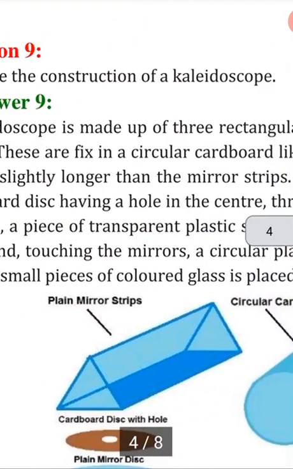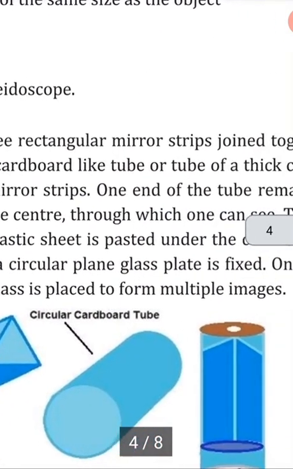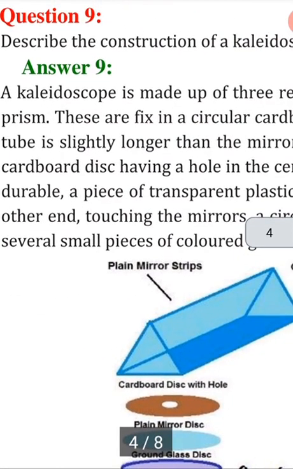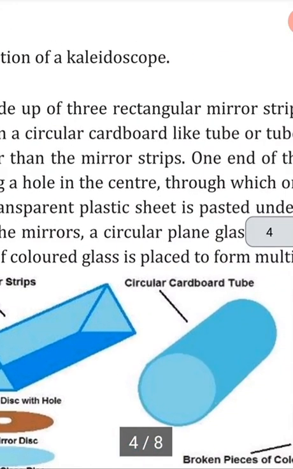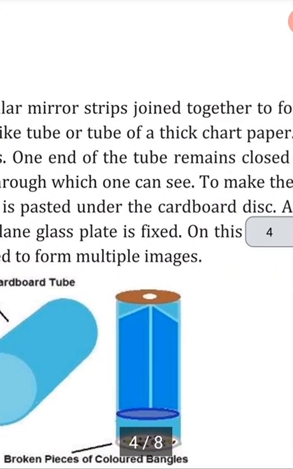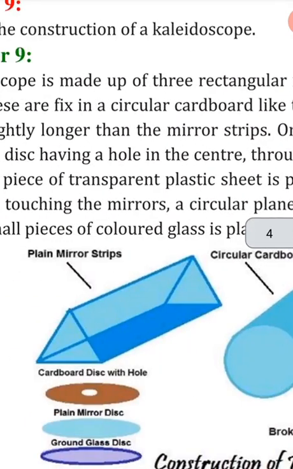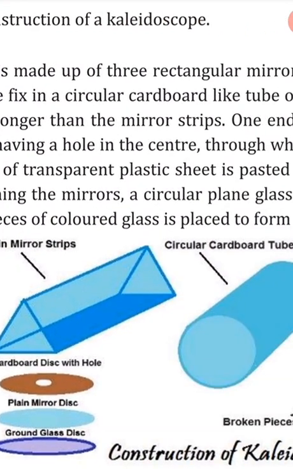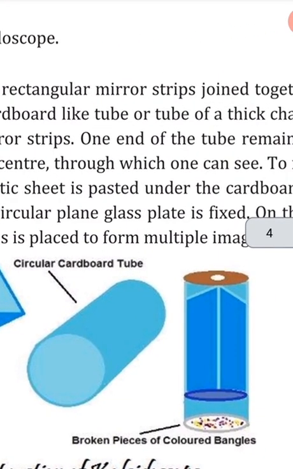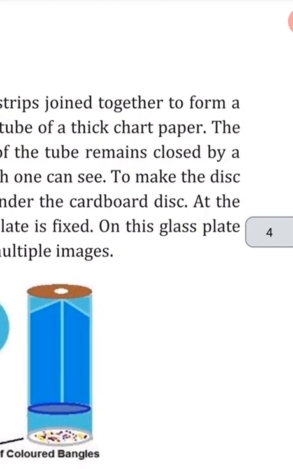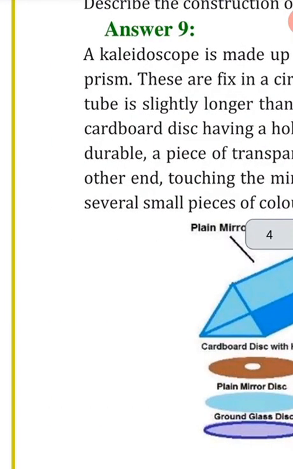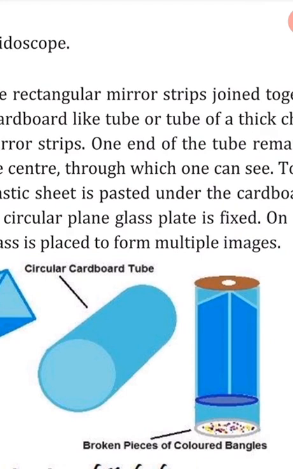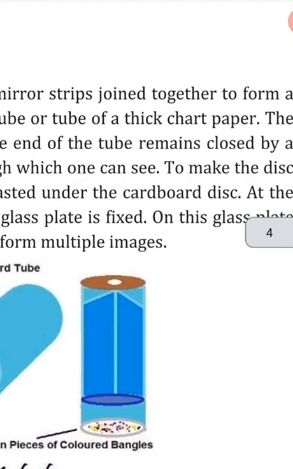The tube is slightly longer than the mirror strips. One end of the tube remains closed by a cardboard disc having a hole in the center through which one can see. To make the disc durable, a piece of transparent plastic sheet is pasted under the cardboard disc. At the other end, touching the mirror, a circular plain glass plate is fixed.